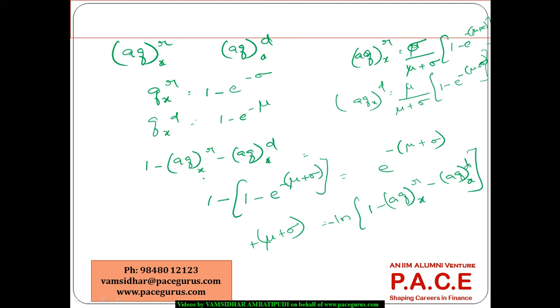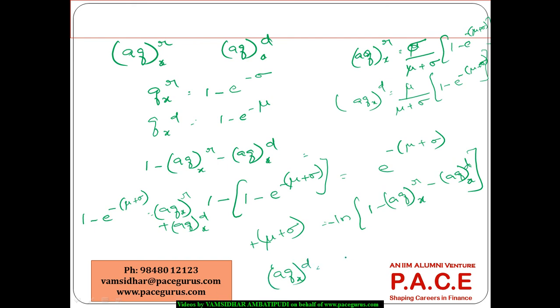Or if I am taking it the other way, it becomes 1 minus e to the power of minus (mu plus sigma) is equal to aqx of R plus aqx of D, right? Aqx of R, we have got it as sigma by this, aqx of D is this much.